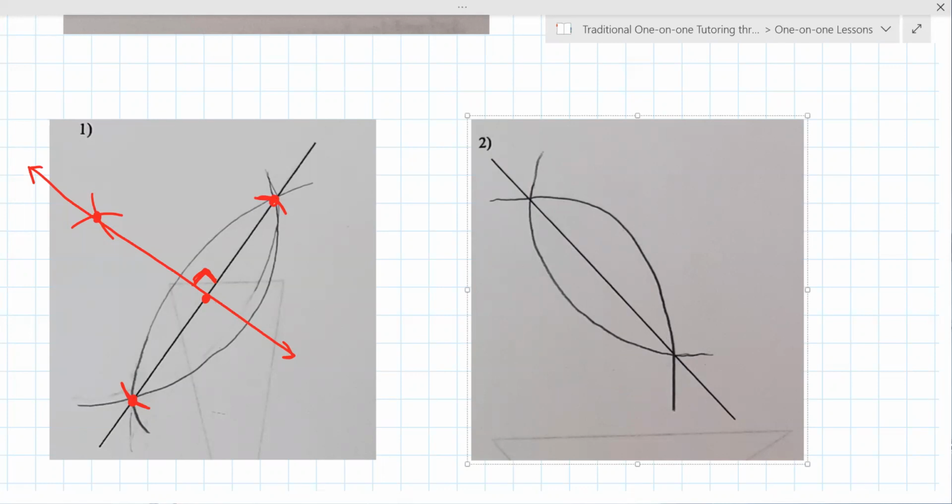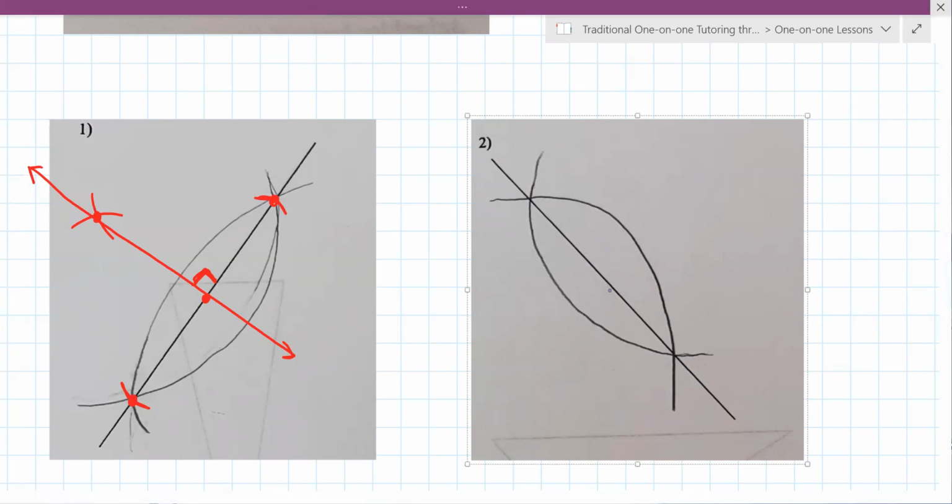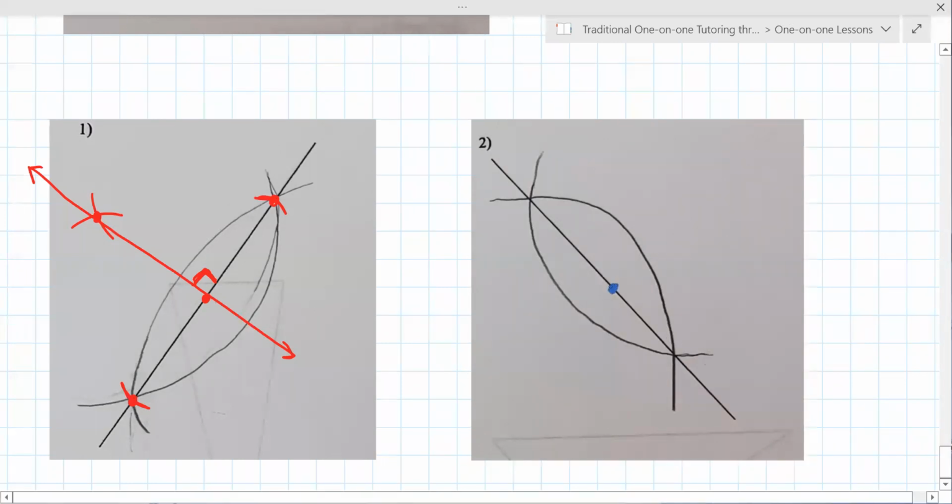Okay, so let's do it again. Let me use a different color this time. So again, like in blue, you would create these two arcs. And then you go to each arc and you would swing another arc up here and up here.